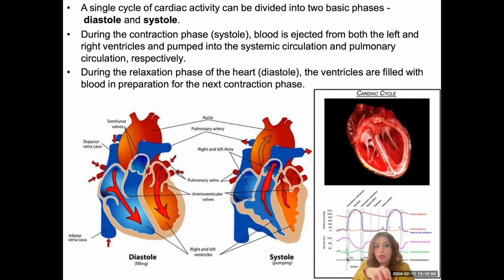Then diastole. During the relaxation phase of the heart, diastole, the ventricles are filled with blood for the next contraction phase. According to the cardiac cycle, we will have pressure values according to time, if we can measure this.